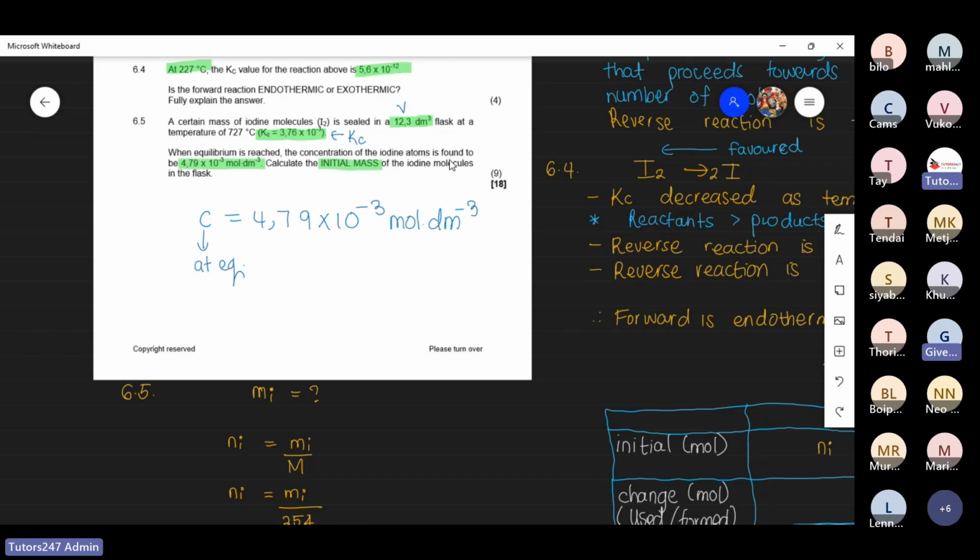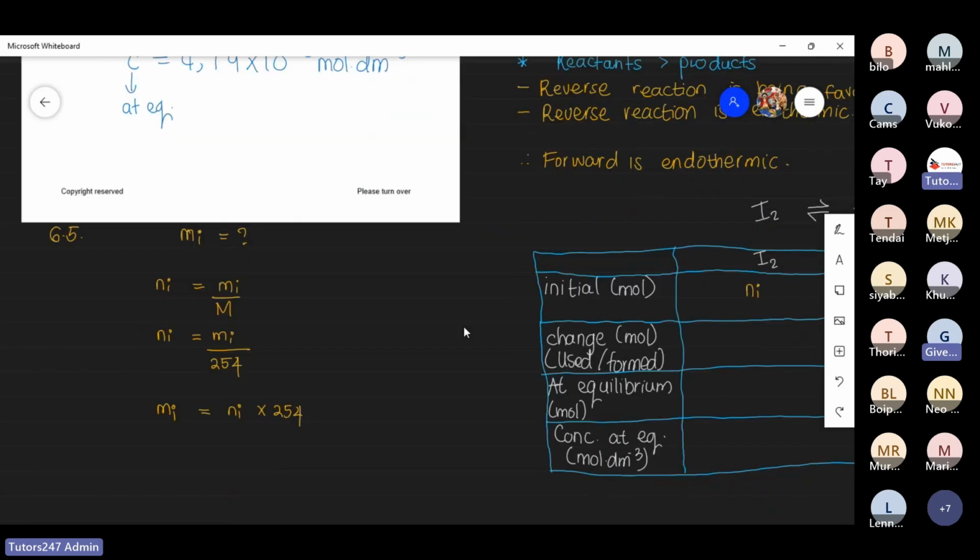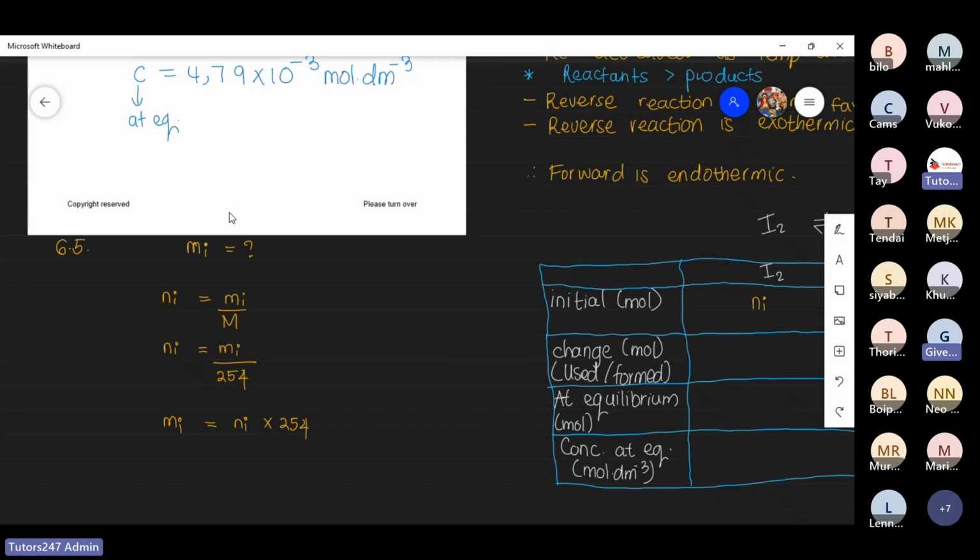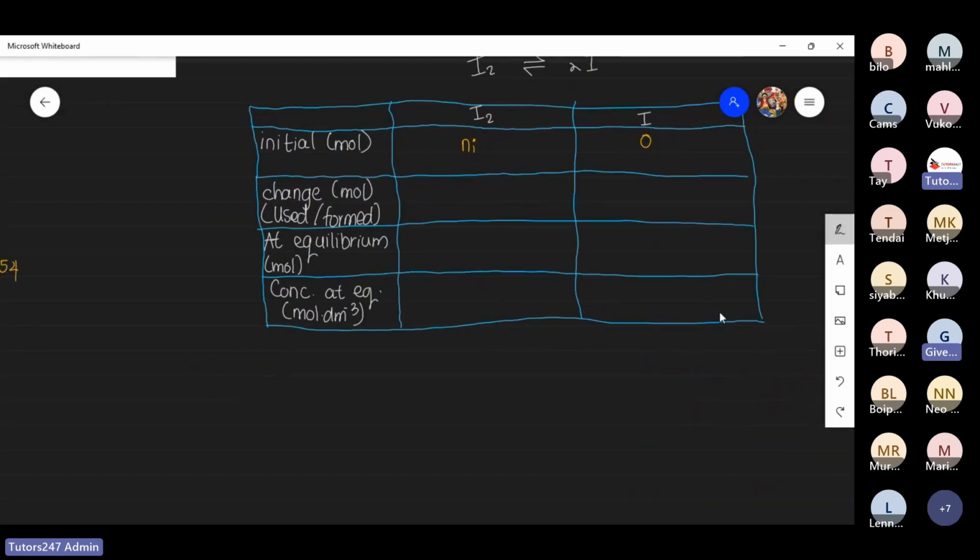That is the concentration at equilibrium of iodine atoms, not iodine molecules. So under the column of iodine atoms, we are going to substitute that 4.79 times 10 to the power negative 3. So at equilibrium, under iodine atoms, we have 4.79 times 10 to the power negative 3. So we've managed to fill in 3 values into our KC table.